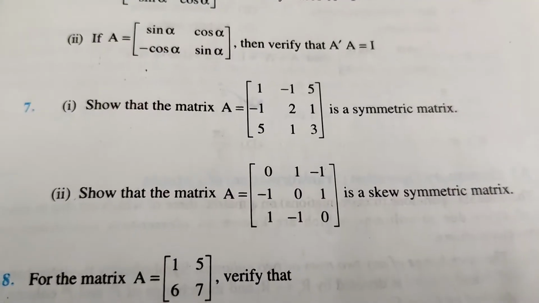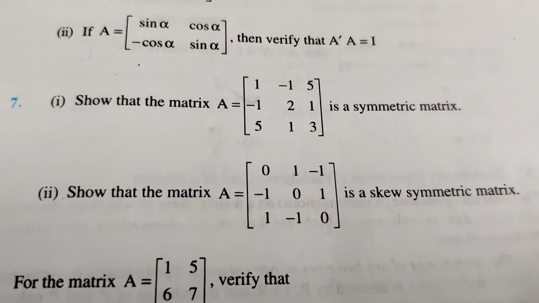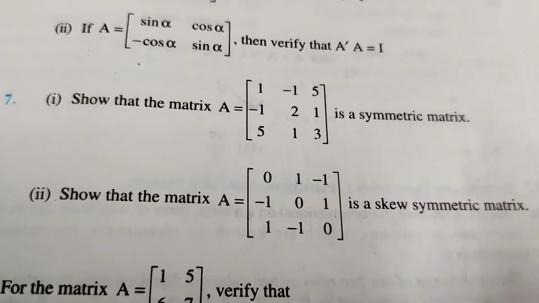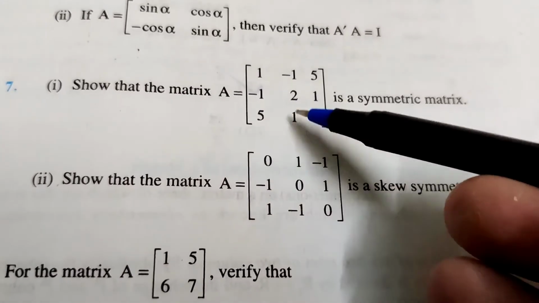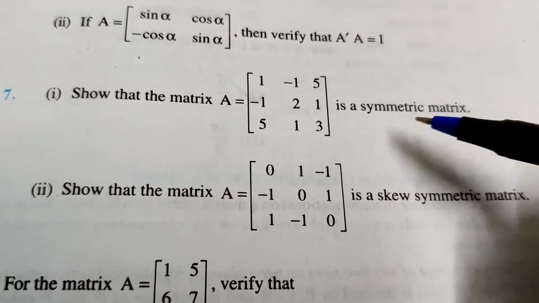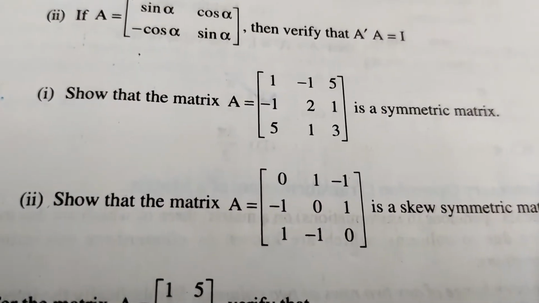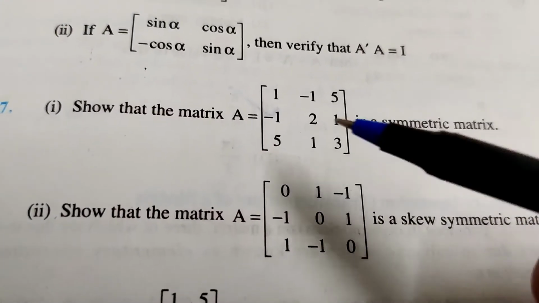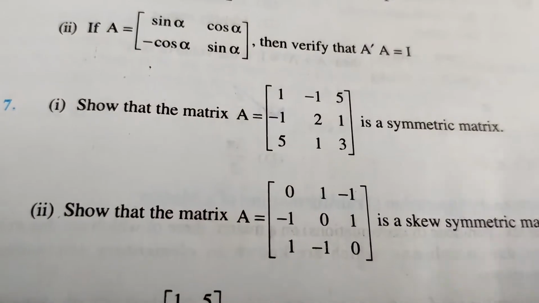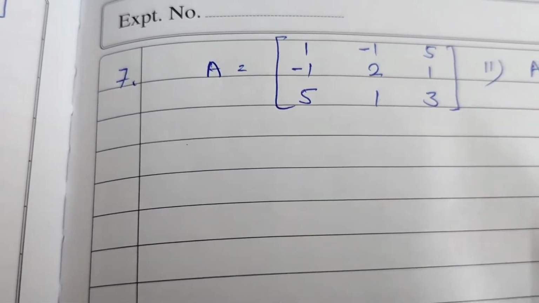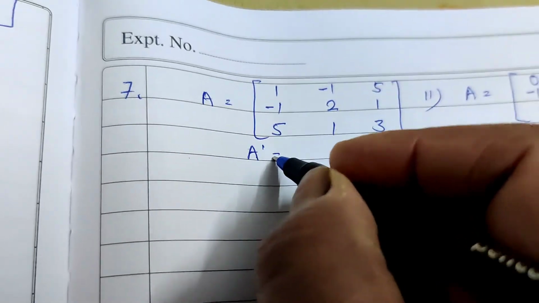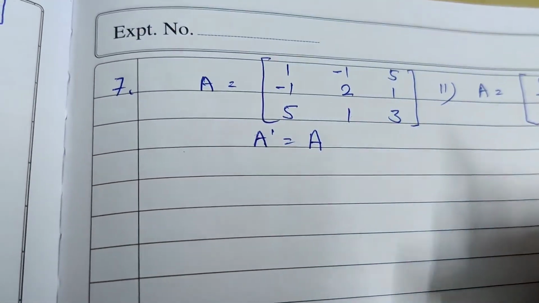Question number 7. Show that the matrix A is a symmetric matrix. The matrix A equals this, and show that it is a symmetric matrix. For a symmetric matrix, the condition is that the transpose of the matrix is equal to the matrix itself.